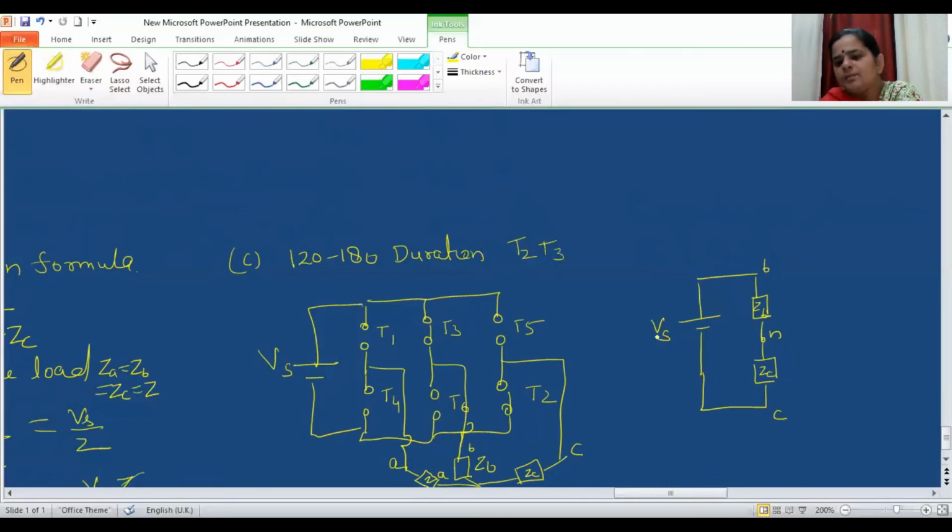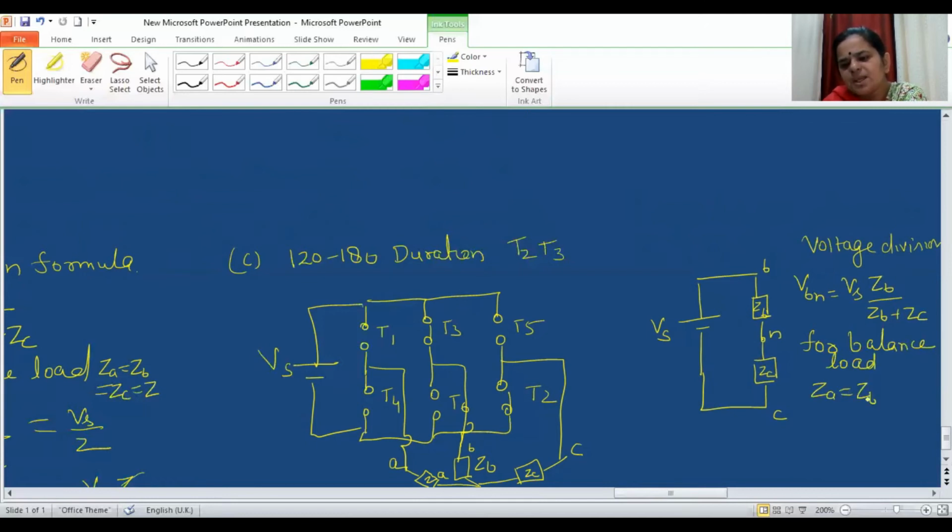Now again, by voltage division, what I am going to get? VBN is equal to Vs ZB upon ZB plus ZC. Now for balanced load, ZA is equal to ZB is equal to ZC is equal to Z. So what I am going to get? VBN is equal to Vs times Z upon 2Z, so that means Vs by 2.